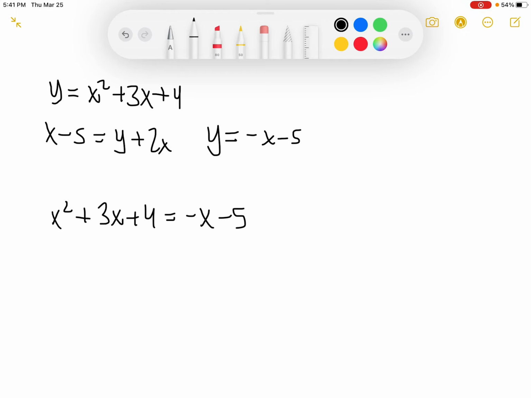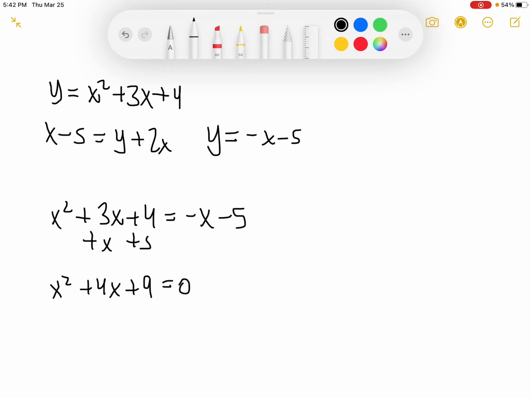Now you need to make things on the same side. We'll move these things by adding them. So if you add x and add 5, now what do you get? x squared plus 4x equals 9. Now you need to solve as if you're trying to find the zeros, which you're not.